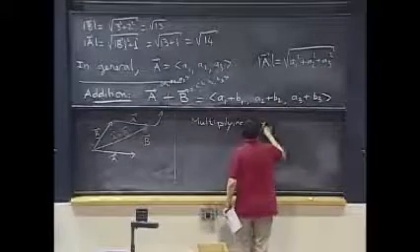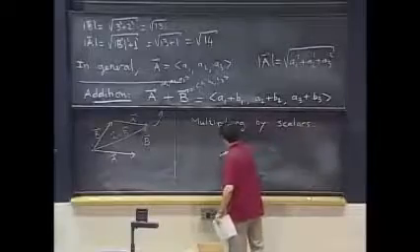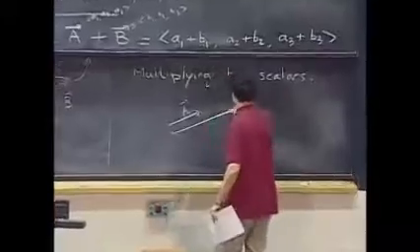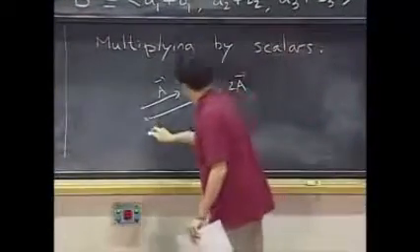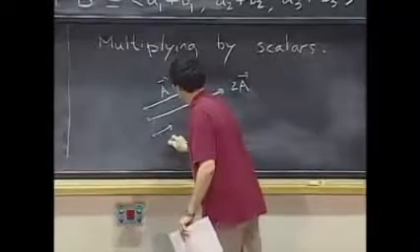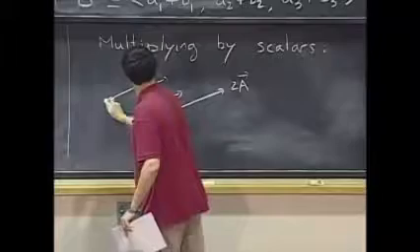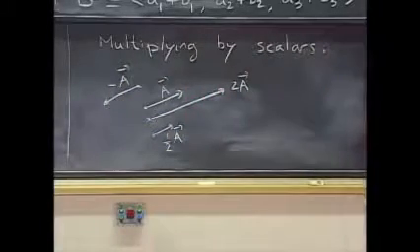So multiplication by a scalar is very easy. If you have a vector A, then you can form a vector 2A just by making it go twice as far in the same direction. Or we can make half A more modestly. Or we can even make minus A, and so on. Okay?